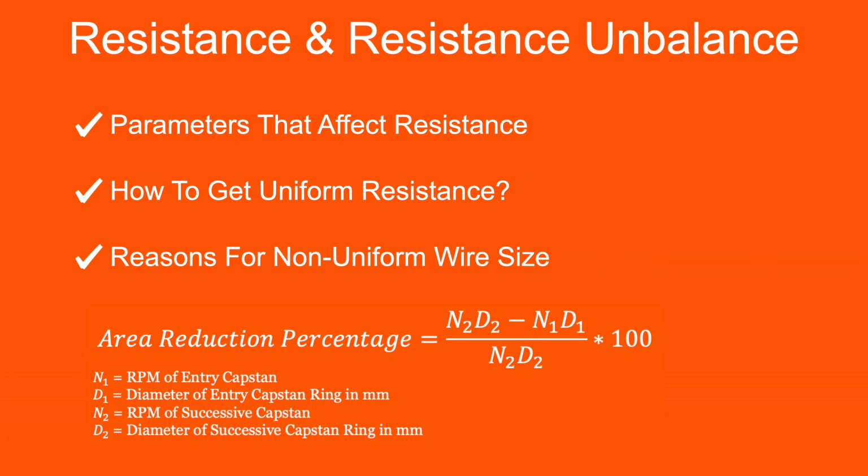Number 4, check diameter of capstan rings by diameter tape, and it should be same as supplied by the machine manufacturer. The diameter of ring varies only when we grind the capstan rings for removal of grooves.